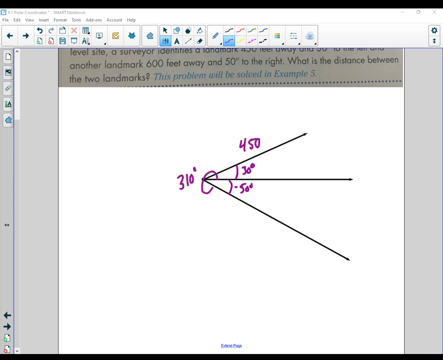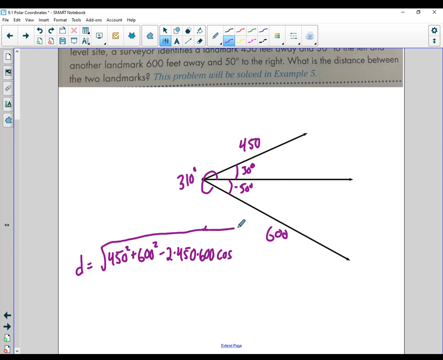I'm going to need my TI-84 app. So we should be able to do our distance between the two points is equal to the square root of, and this was 600, 450 squared plus 600 squared minus 2 times 450 times 600 times the cosine of, and then you could use negative 50 here.